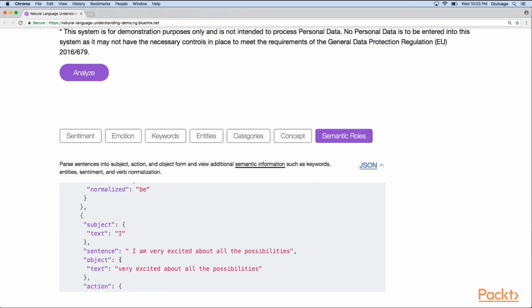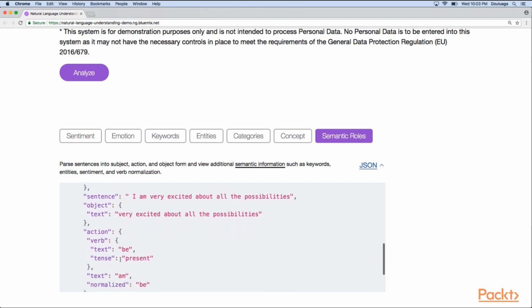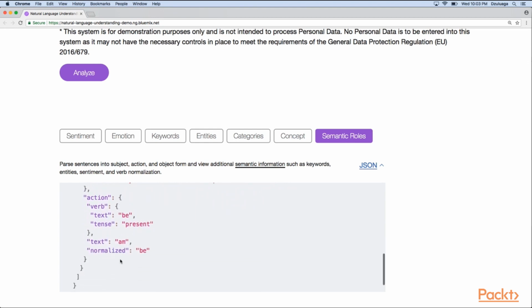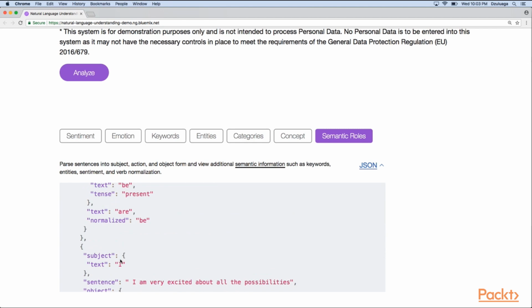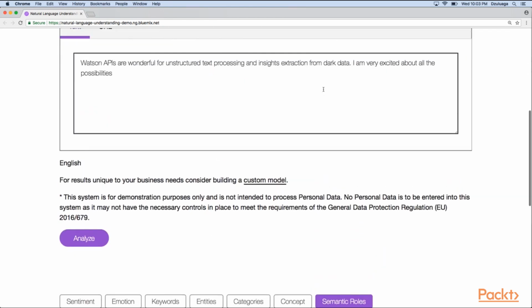It also processed the second sentence that was included in the text, "I am very excited about all the possibilities", saying that the action is "be" and the subject is "I". You can test this demo with your own data in order to understand the different kinds of metadata that you can extract. We will be using this metadata for doing enrichment in the Watson Discovery service.